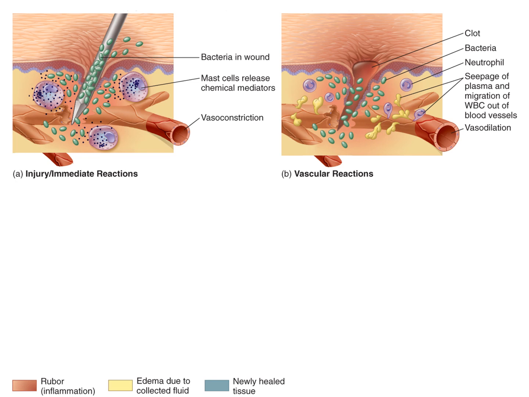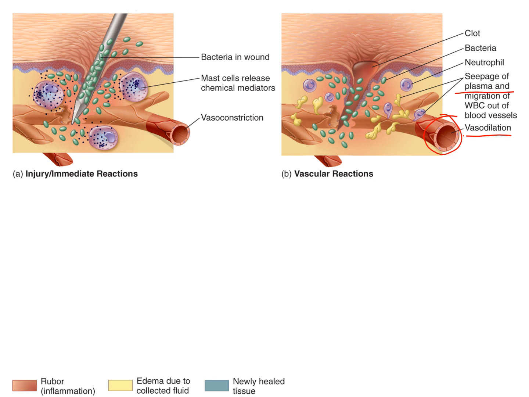Once the histamine is released, that will have an effect on the blood vessels that are in the area. And the two effects are that they are going to dilate, you're going to have vasodilation, and they are going to become more permeable. More permeable means that the plasma is going to be able to seep out of the blood vessels.